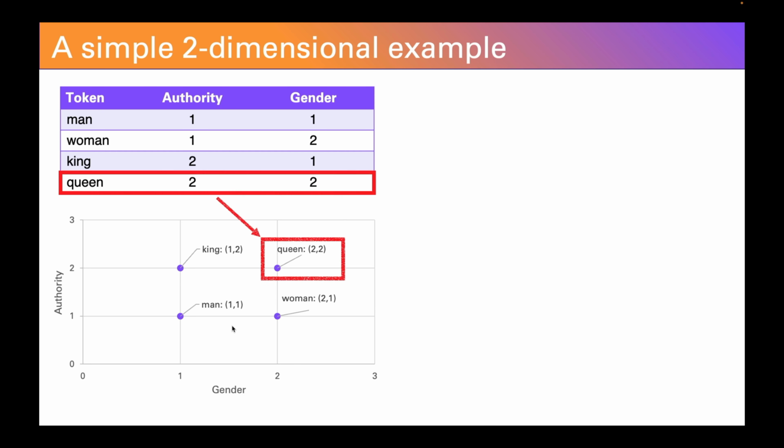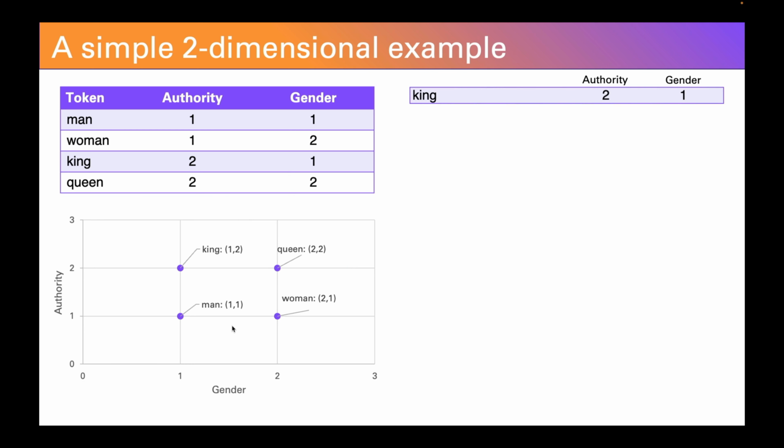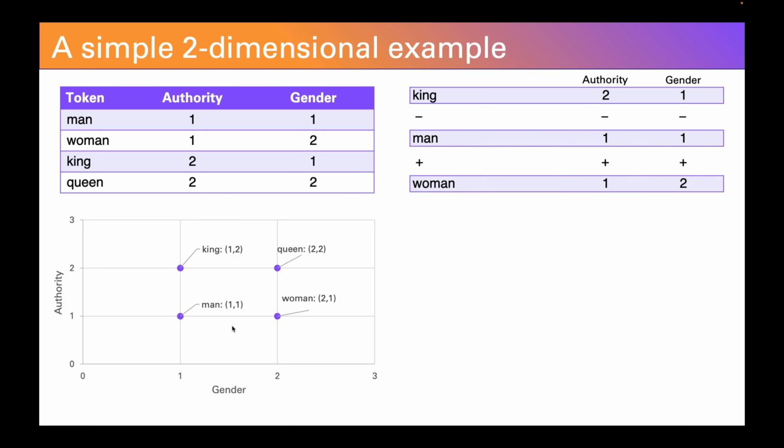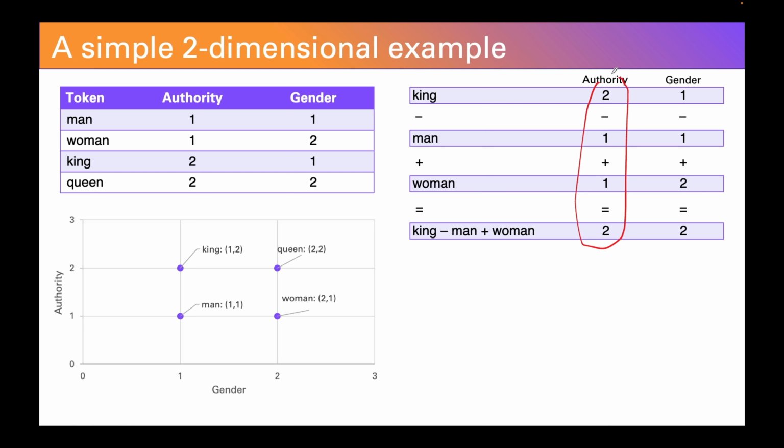So for example, queen with authority of 2 and gender of 2 occupies position 2, 2 in this coordinate plane. Now we can actually begin to do mathematics on these tokens in a meaningful way. So if we take king and we subtract man and we add woman, then what we end up with, if we add it all together by adding and subtracting around each of these columns or dimensions, so 2 minus 1 plus 1 will equal 2.